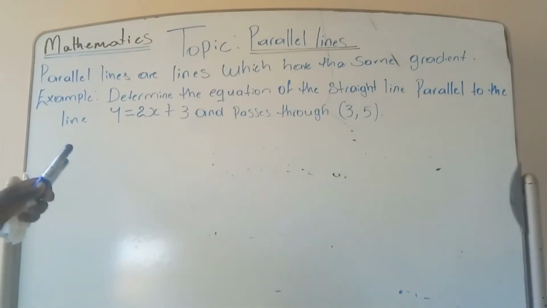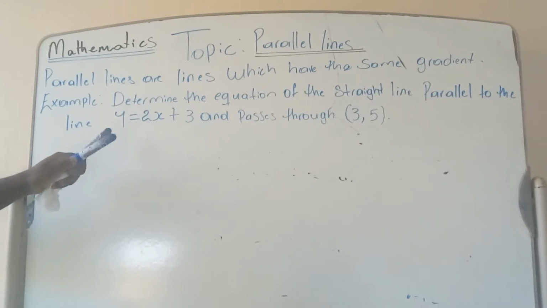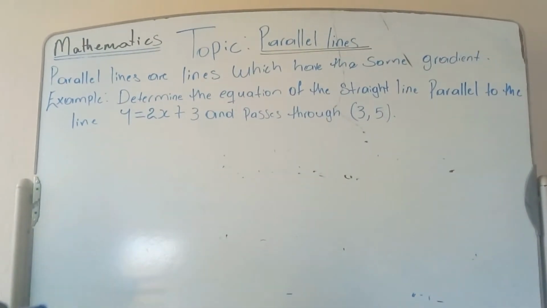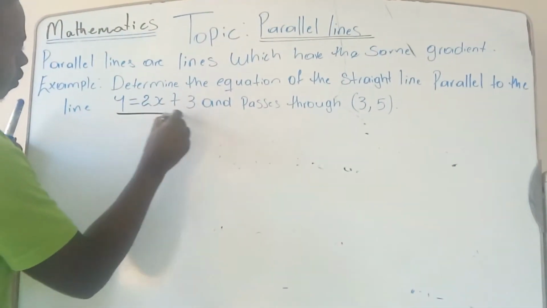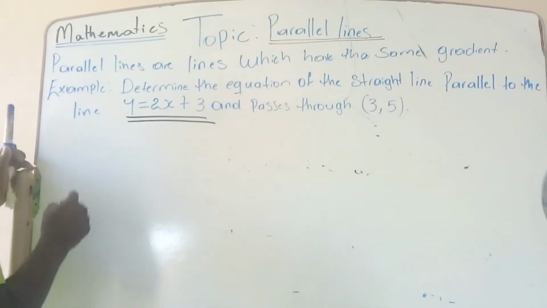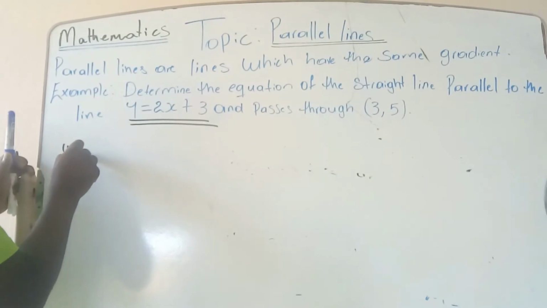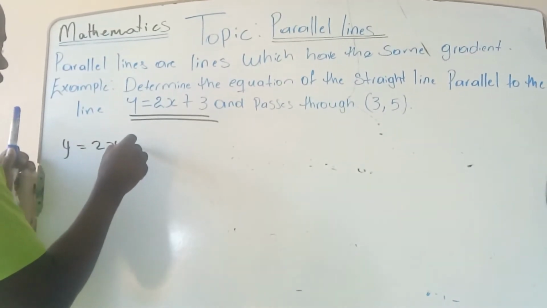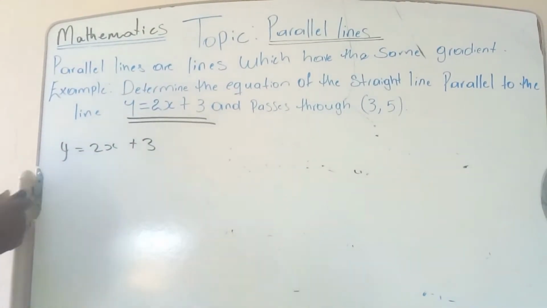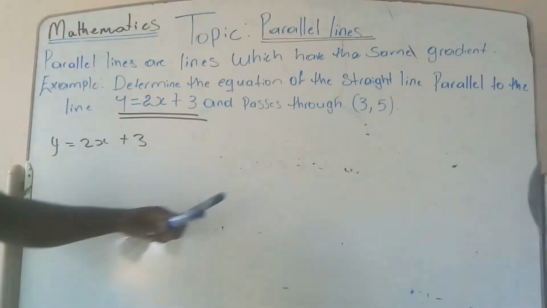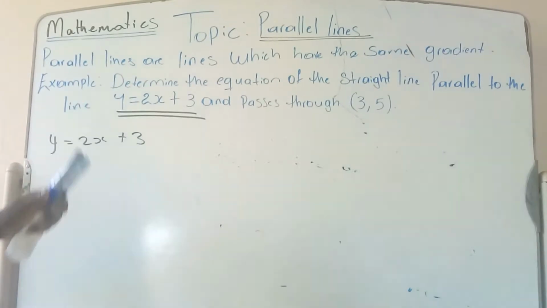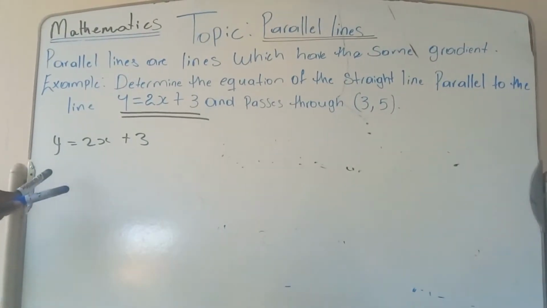Now, they want us to determine the equation that will give us a parallel line to this equation here. We have the equation y equal 2x plus 3. We want to determine another equation that passes through the point 3, 5 that will be parallel to this equation.